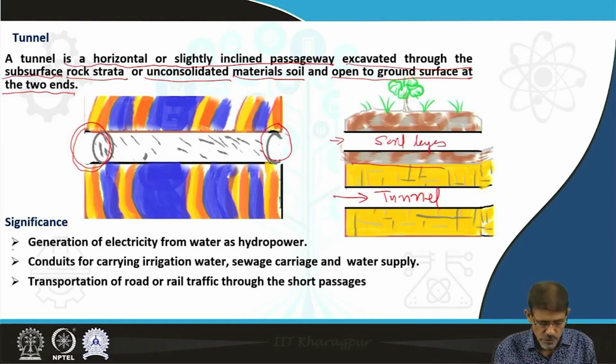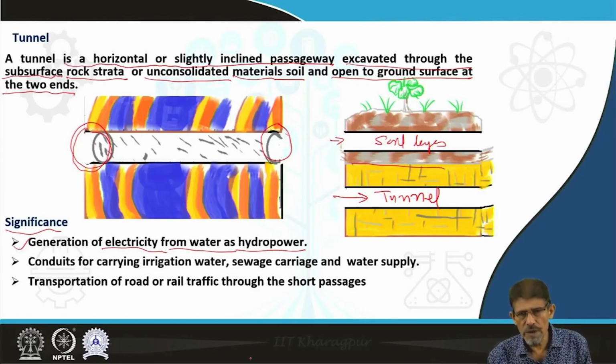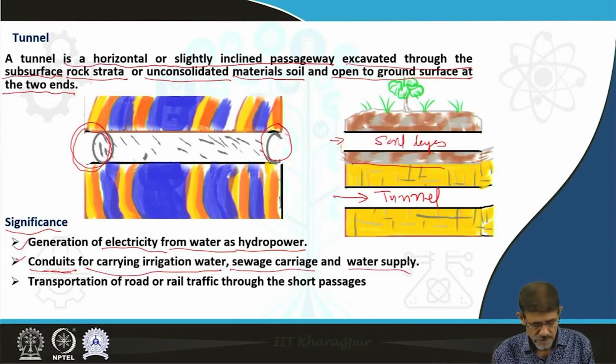Friends, as you know, tunnels are utilized for generation of electricity from water in the hydropower sector, to improve the head of water in the shortest route. Tunnels are also utilized as conduits for carrying irrigation water, sewage carriage and water supply.